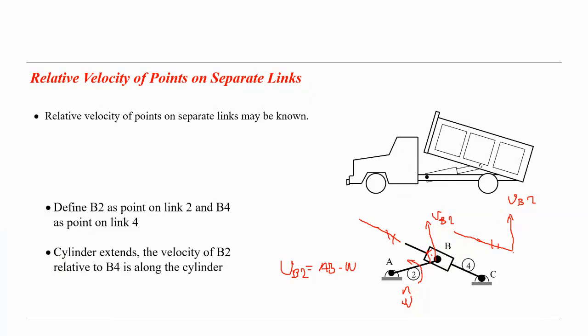From this end of the vector VB2, we draw a perpendicular line, and we arrive at VB4, so VB4 is on this line.